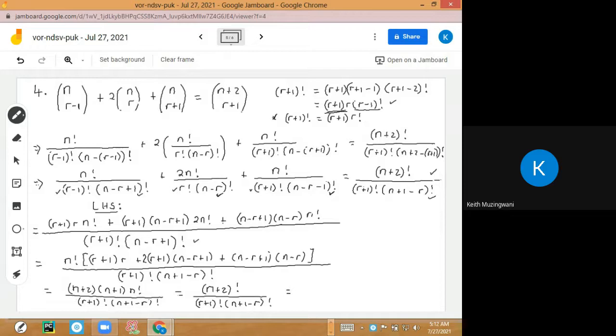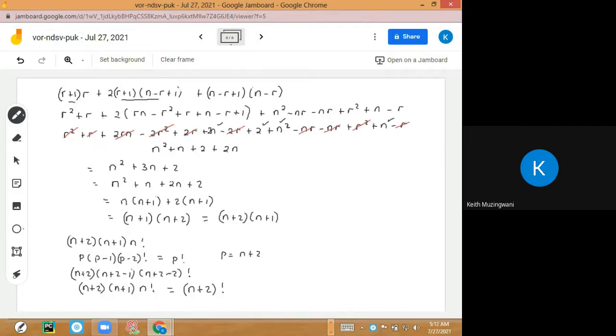But this is what we have on the right hand side, meaning that this is actually n plus 2 choose r plus 1, which is our right hand side. Hence proved. So you have to show the working. So this page is part of your working.